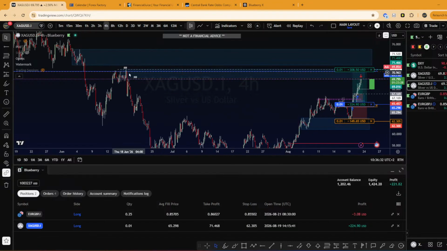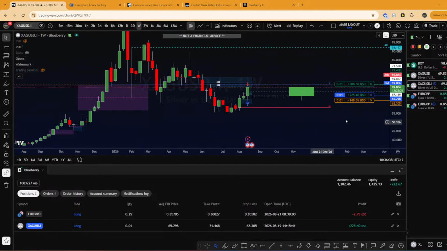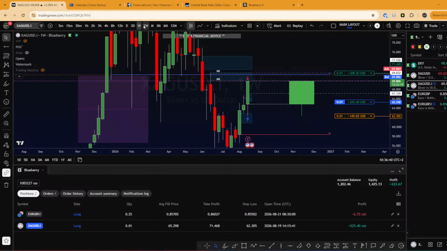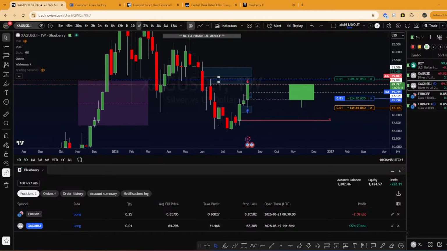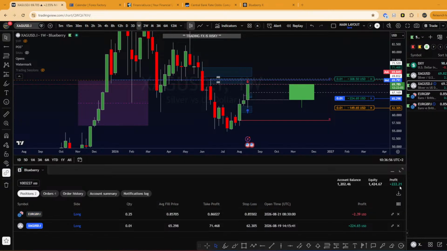We are reaching this high, and the fact that we are at the end of the week, we could see some reverse from here. But the momentum is very strong on silver. Very, very strong. So I think I will close once we reach this target.